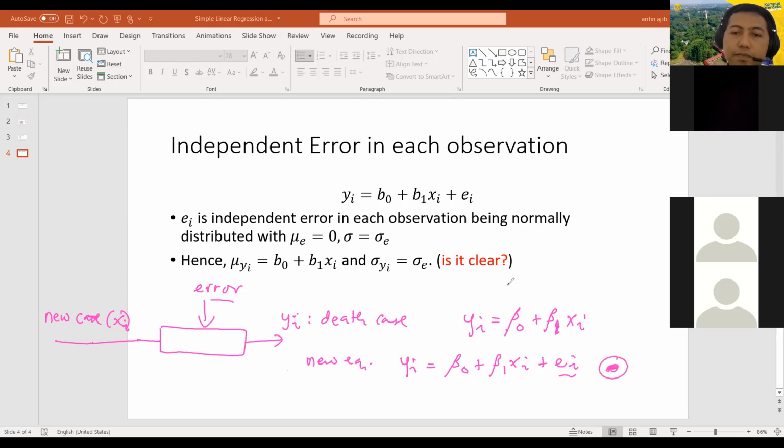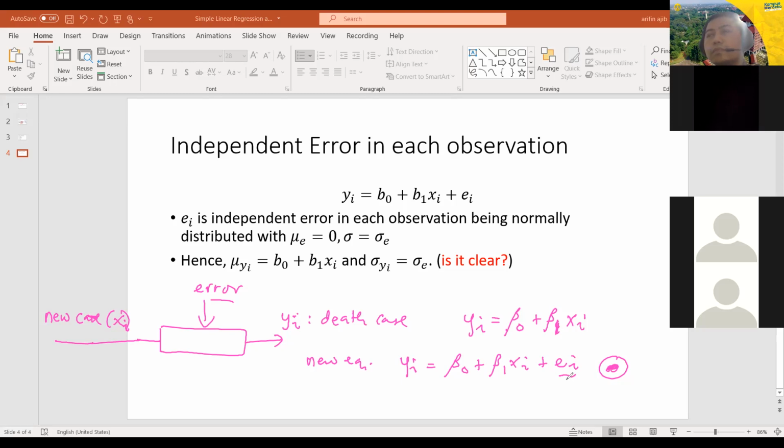Or any questions? So is it the same error like before, or is it new kind of error? Is it like the deviation, or is it the error when we're taking the experiment? This is error, not deviations, but the independent error. So is it like, for example, when we are taking the data and then there's an error?